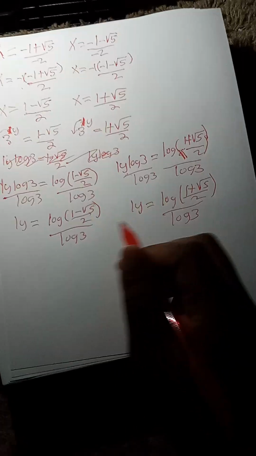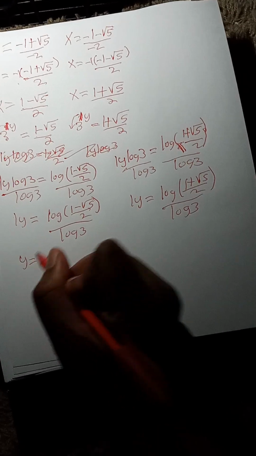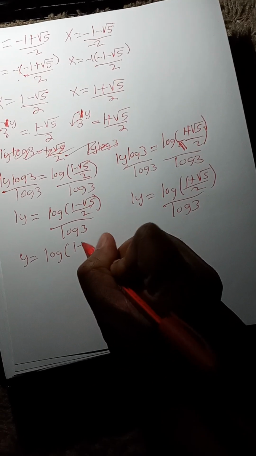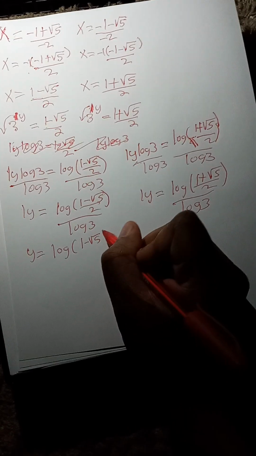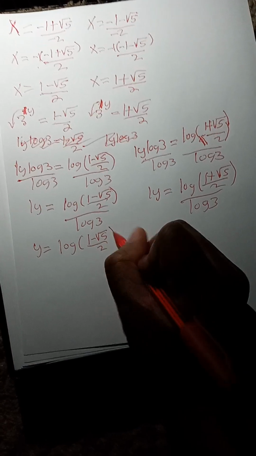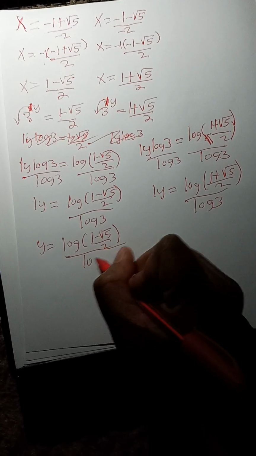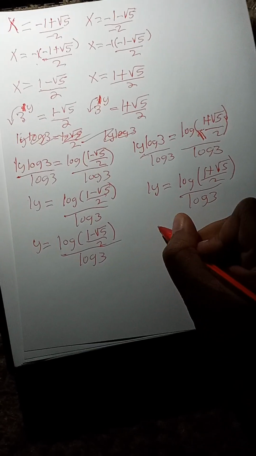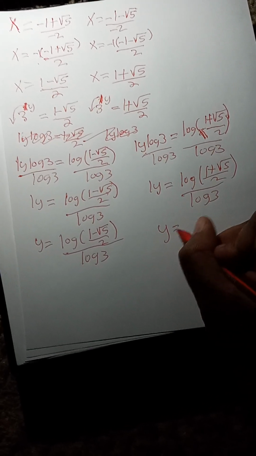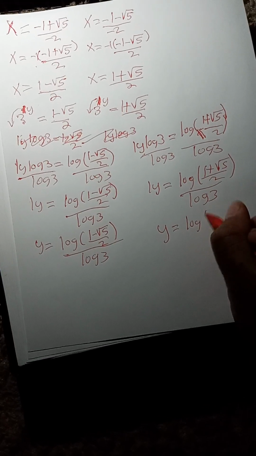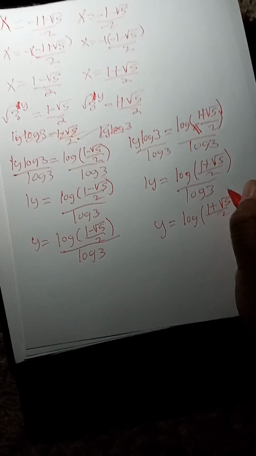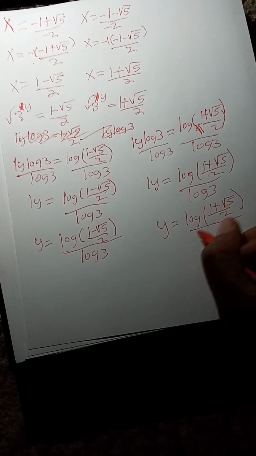So y is equal to log of 1 minus square root of 5 divided by 2 divided by log 3, and y is equal to log of 1 plus square root of 5 divided by 2 divided by log 3.